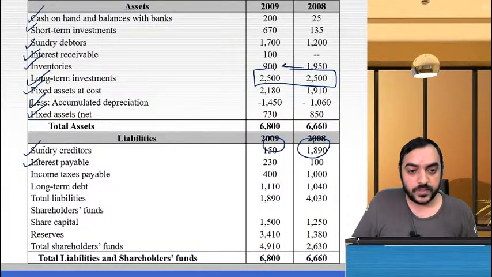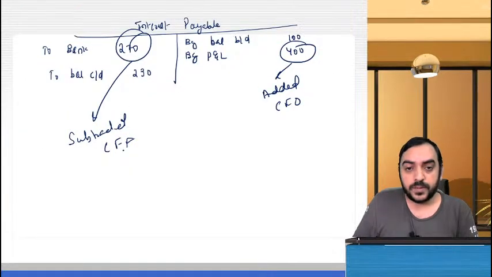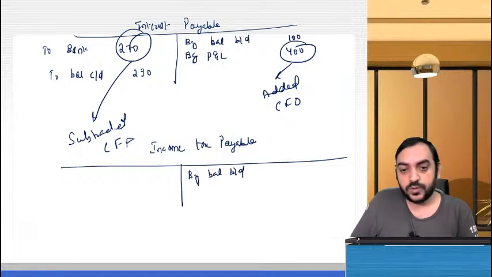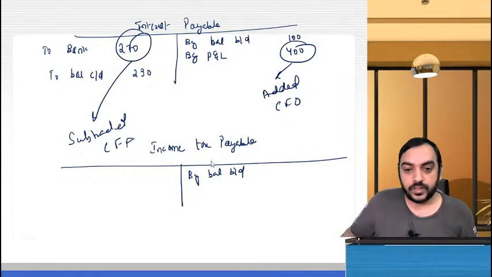Interest payable is done. Income tax payable, let's prepare a separate ledger again. By balance brought down, opening balance 100.